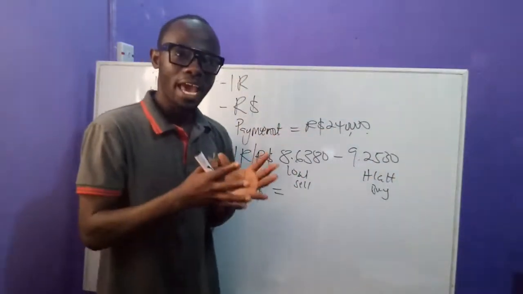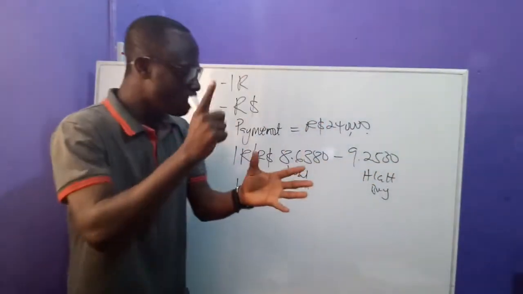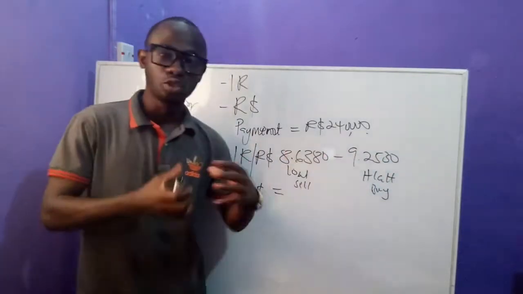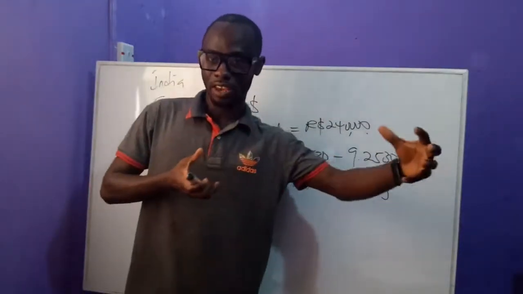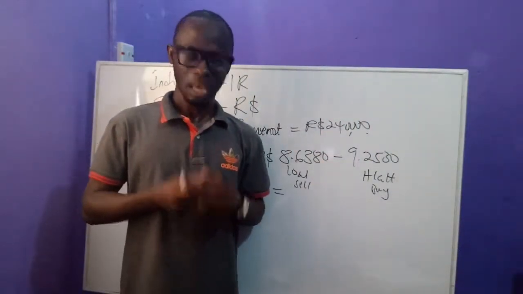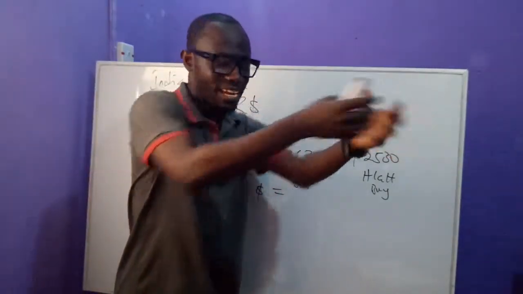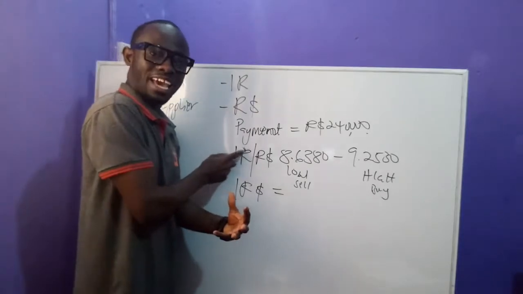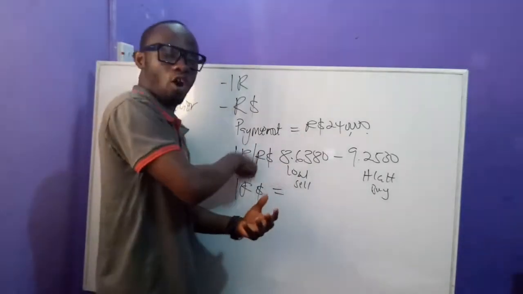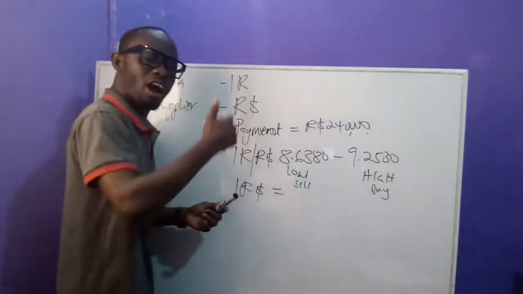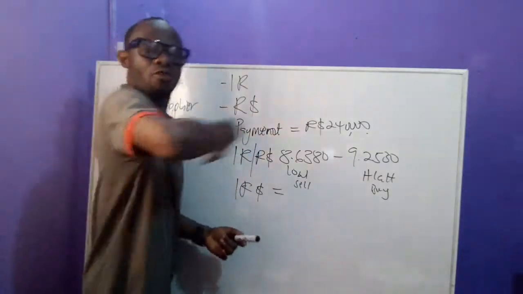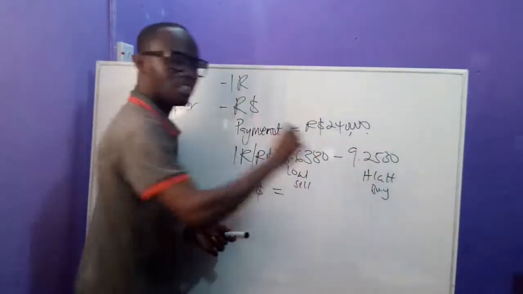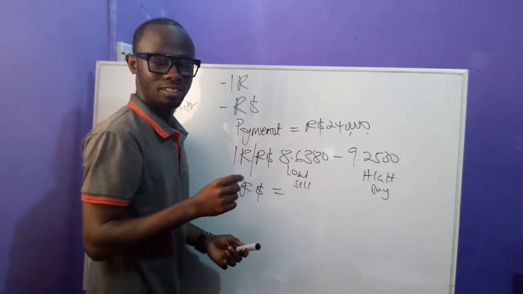So if we are paying Indian rupee, that means the forex is going to buy the rupee from us. Because if we must pay, then they will buy the rupee from us, because the first mentioned currency is the rate that they buy or the rate they sell. So if they are going to buy the Indian rupee, then they will buy it at the high rate.